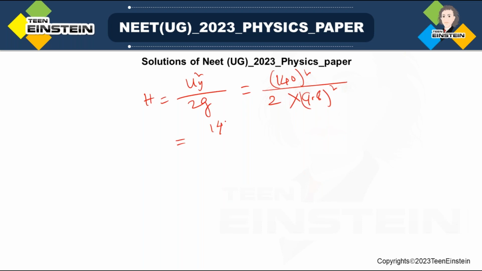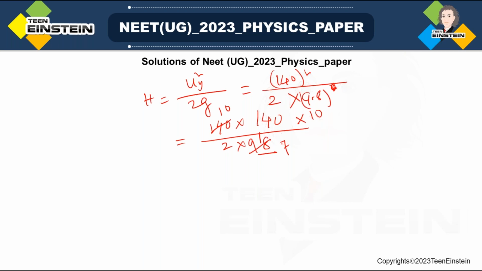See, if I write 140 here divided by 2g, this is not square, 2 into 9.8. Now let us multiply this by 10 up and down, so it will be this 98. So I can write this as 10, 7, 14, so 14, 7, 14.